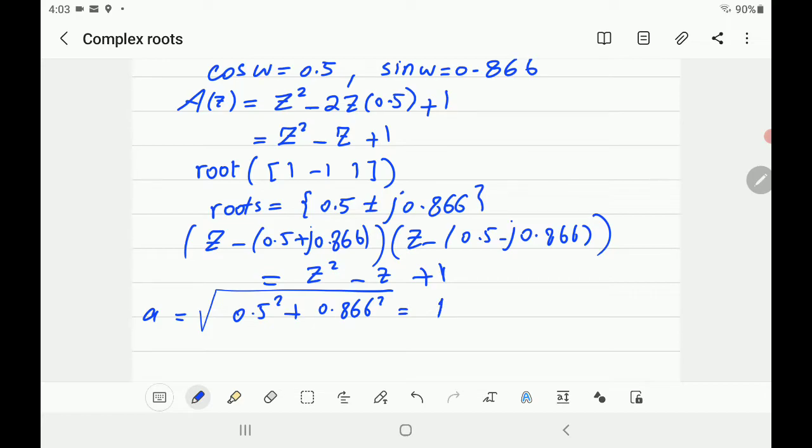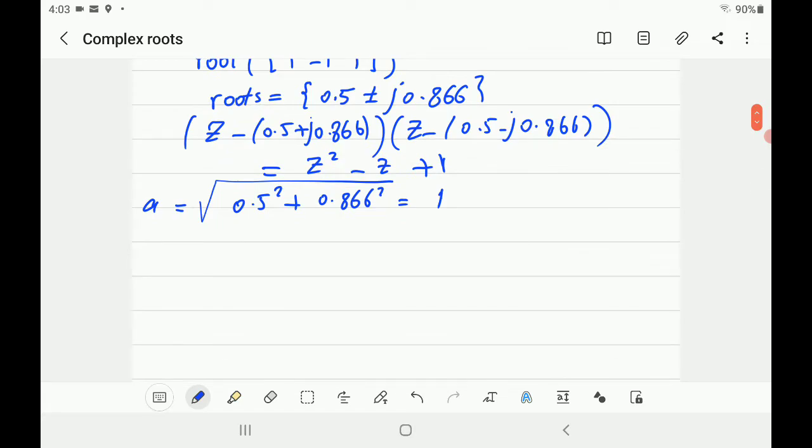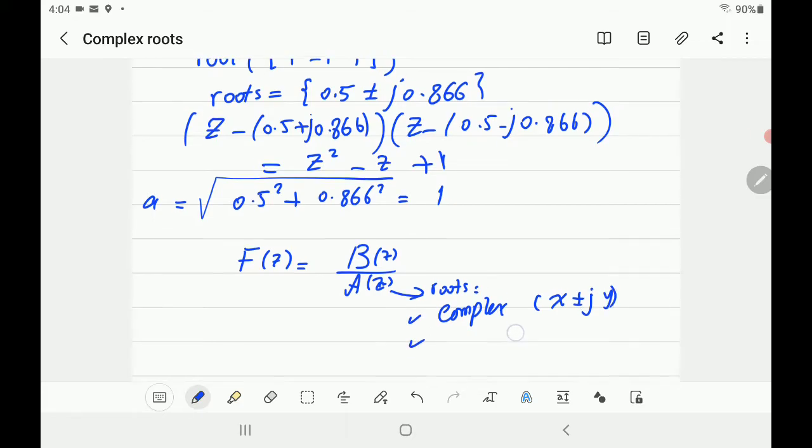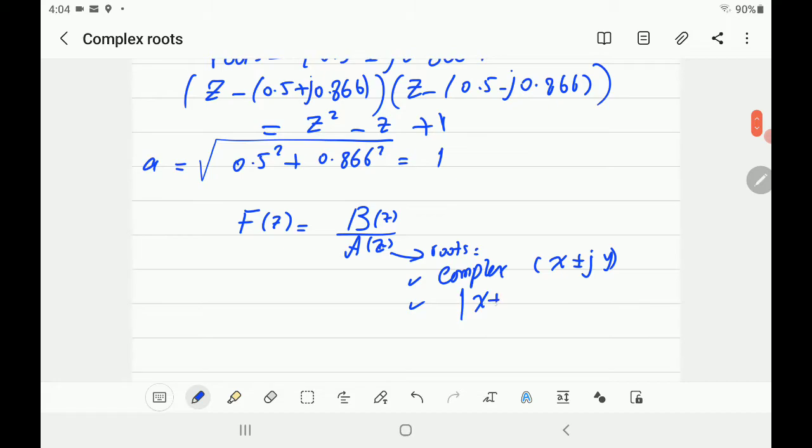So now let's say you have any F of z expressed as B of z over A of z, and you find that the roots of A of z, the denominator, are complex, like x plus or minus j y. That's condition number 2: the magnitude of any root is equal to 1.